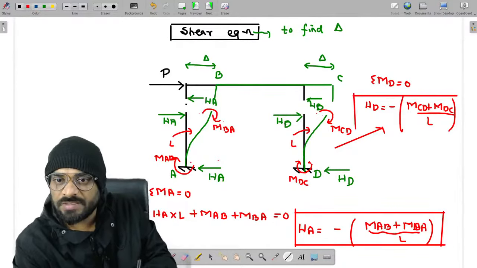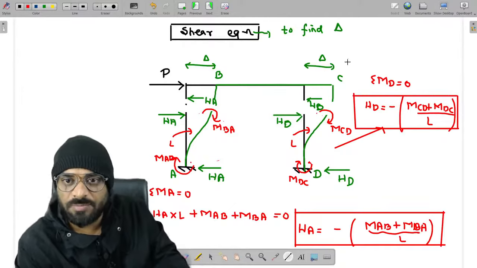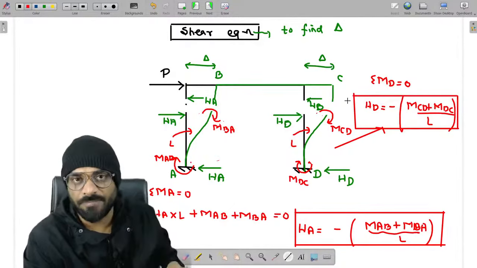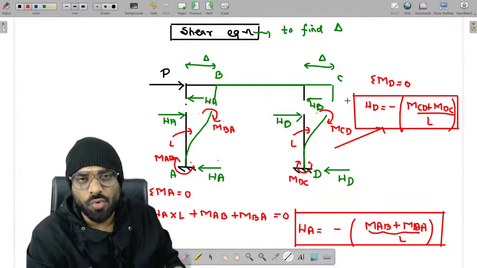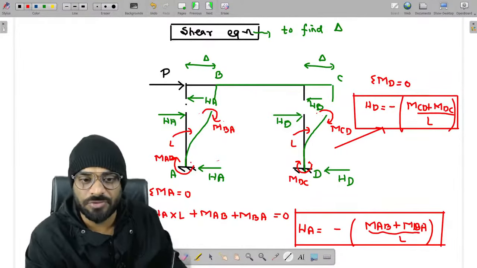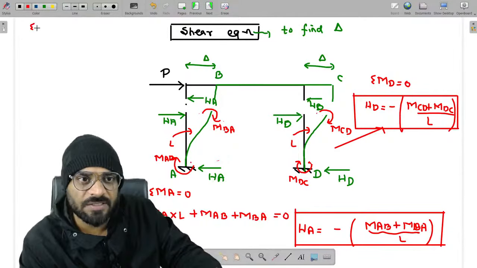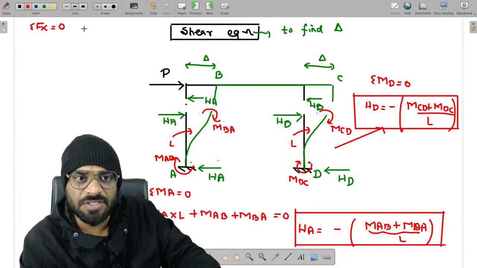Now tell me, after writing these two values, what do you have to see? This upper part should be in equilibrium, right? And what are the forces trying to oppose this applied force? HA and HD. Getting a point? So can I write here summation Fx is equal to 0?